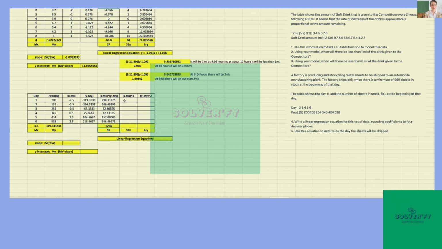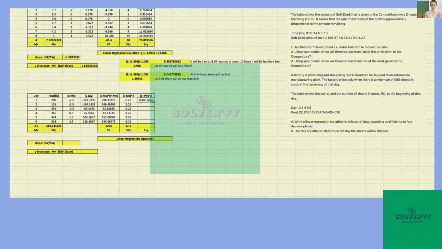Then I'm going to square each one of my X minus the mean of X values. And then I'm going to total that column. And then I'm going to do Y minus the mean of Y, and I'm going to square each one of the values.